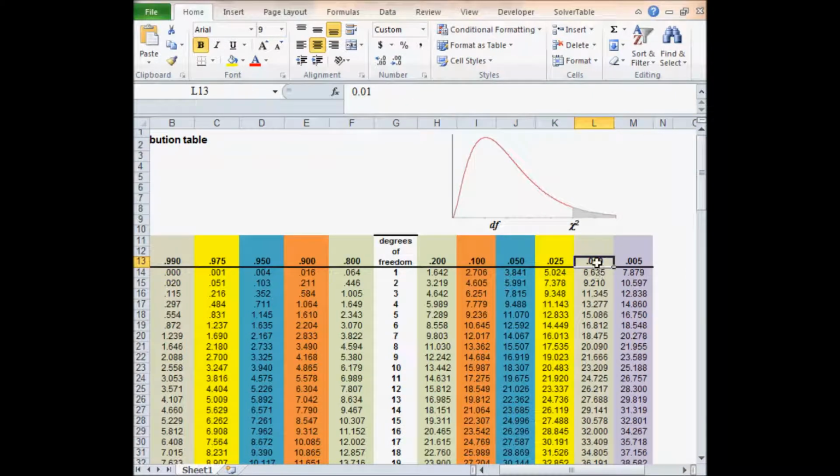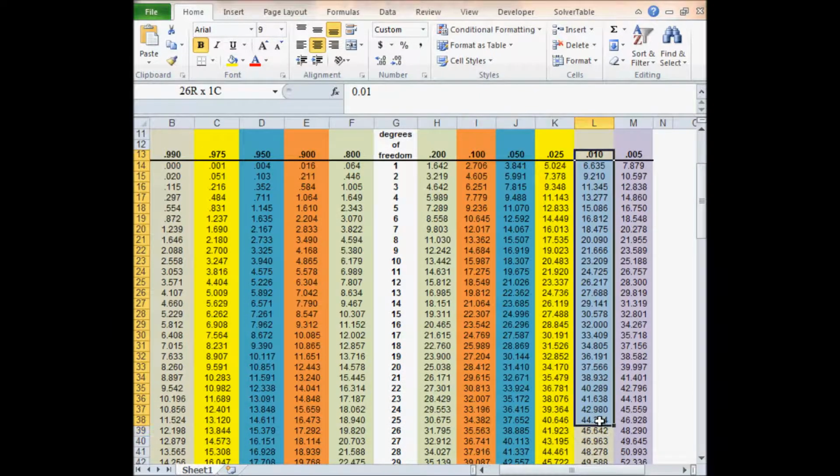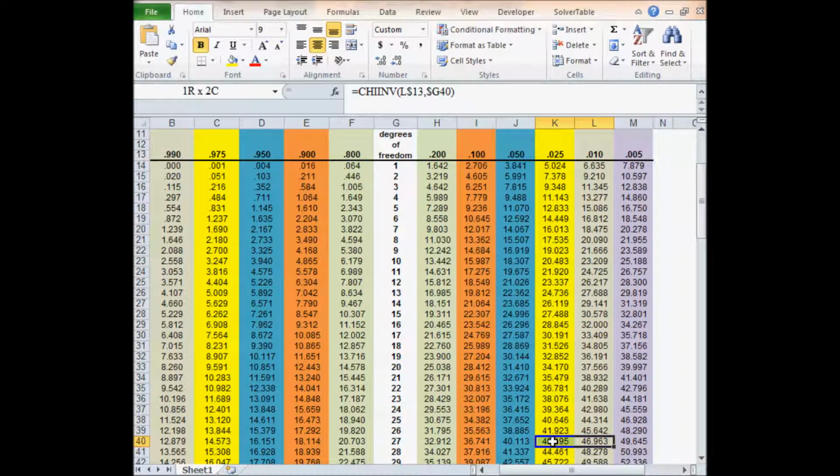So if my significance level is 0.02 and it's a two-tailed test, I divide the 0.02 by 2, and I get 0.01. So I start in this column and go down until I get to the degrees of freedom 27. So my upper critical value is 46.963, and I go down until I get to the same color column.